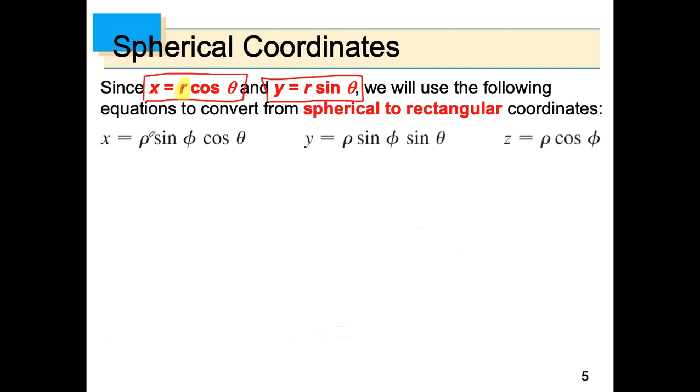That r got substituted with rho sine phi from the previous slide. Same thing here, r got replaced by rho sine phi also. Just notice that the cosine theta simply came down, as did the sine theta here.